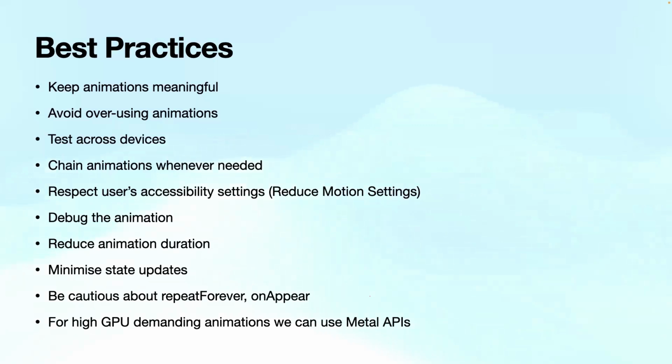If you want to provide visual feedback to the users, or guide your users' focus on the changes in state, or improve the navigation, you just need to have a clear purpose for that animation. And you need to avoid overusing animations, because excessive use will be distracting for the users. It may lead to performance issues as well.